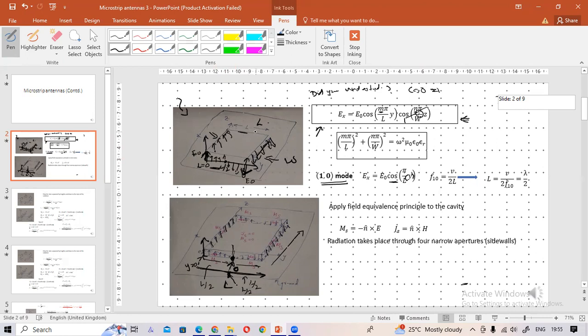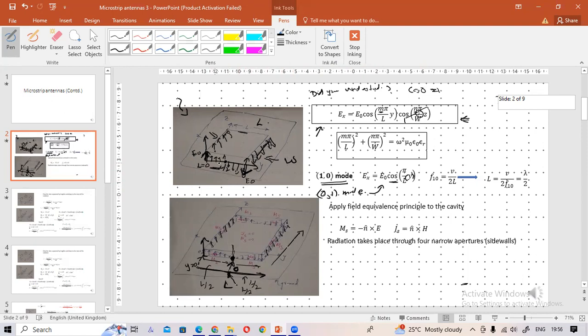But on the length side the radiation is happening, because in this wall the E field is changing. So the radiation happens in the L side walls. And if you consider the 0,1 mode, it should be vice versa, and you can understand it in the same manner.